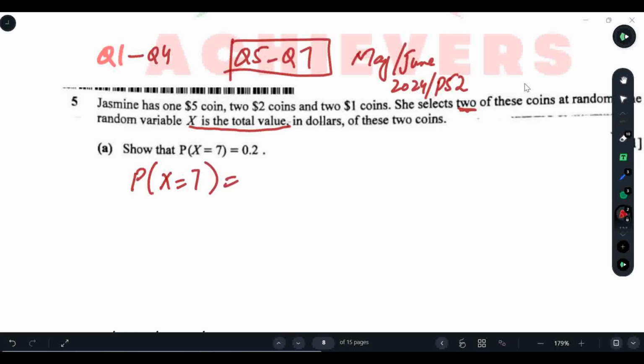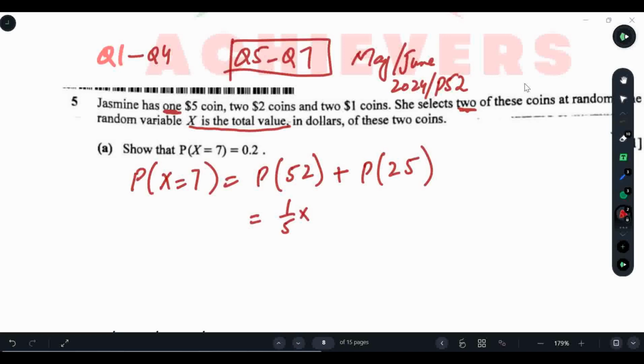So we will have two cases. In the first one we have a $5 coin, and in the second one a $2 coin, plus the probability of a $2 coin and then a $5 coin. Now the probability of 5 will be: we have one coin and the total number of coins is 5, so this is 1 over 5, multiplied by the probability of $2.